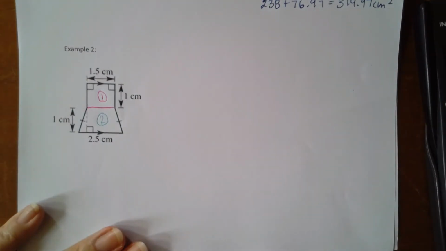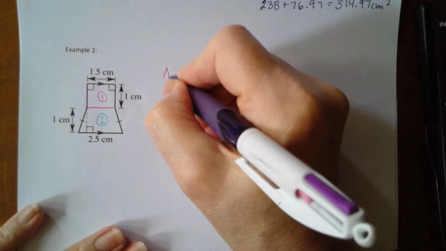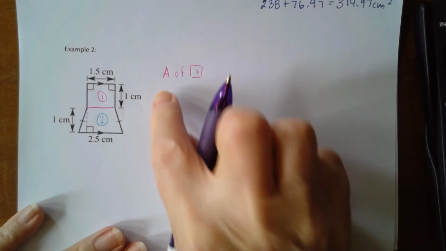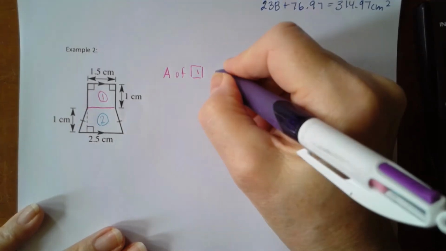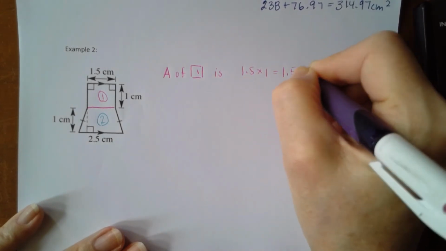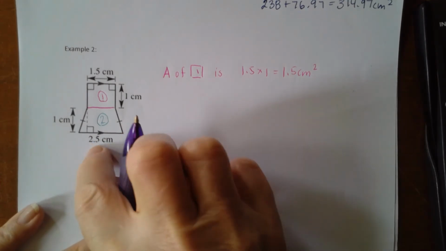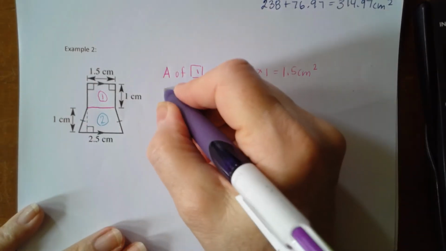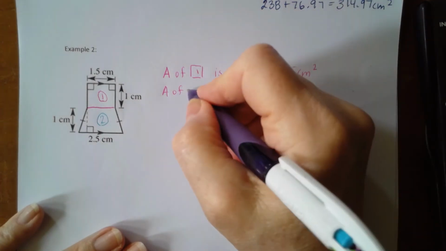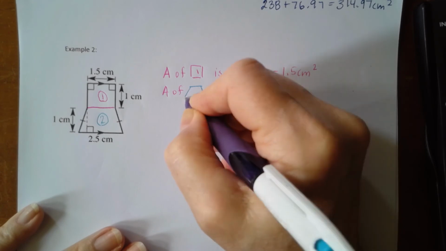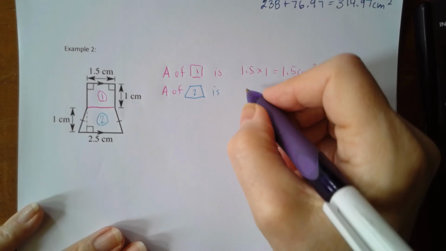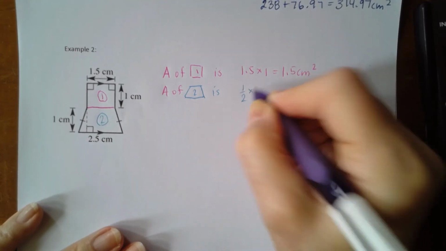So when I do shape 1, I say, okay, the area of shape 1, that tells the person what I'm finding, is 1.5 times 1, which is just 1.5 centimeters squared. And the area down here of shape 2, trapezium, you might have to look that formula up from your notes yesterday, is 1/2 times the perpendicular height.